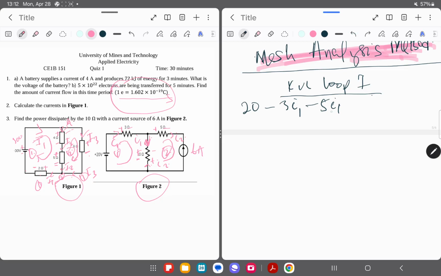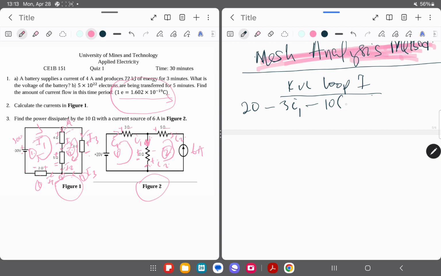See, 5 ohms is not here, it's supposed to be 10 rather. You see we have I1 moving through the 10 ohms as we go this way. And at the same time, you can see that I2 is also passing through the 10 ohms.